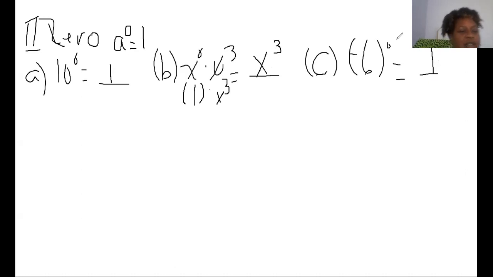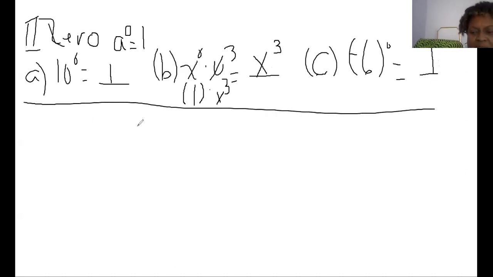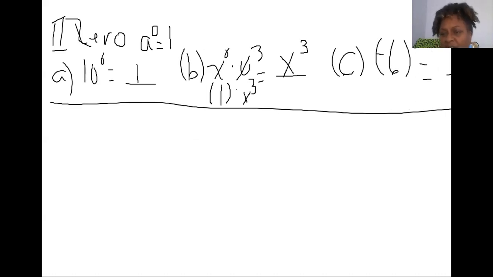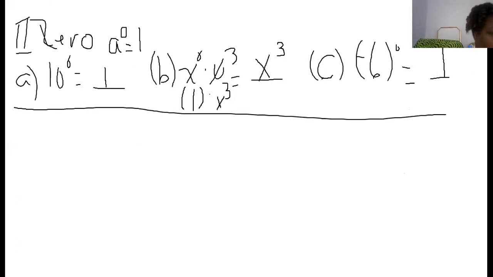All right? So next up is applying the quotient rule. Here, the quotient rule basically tells us that, I don't think you guys can see that, so I would just write it out here.